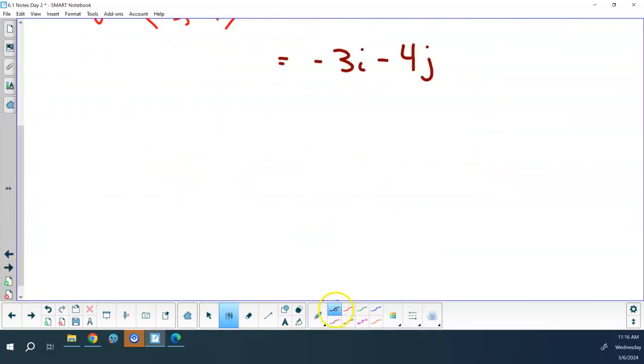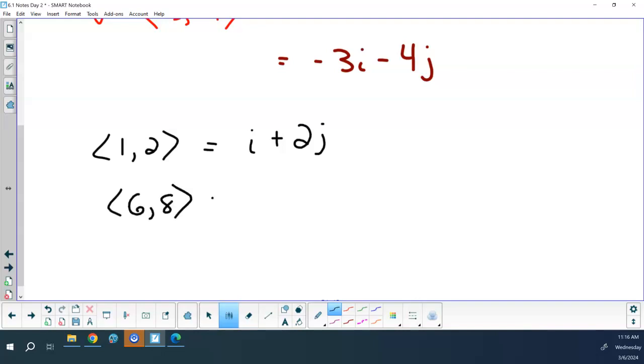So if you have vector 1, 2 in i and j form, that would be i plus 2j, because the 1 is just 1, and then 2 times j is just 2j. Somebody else give me another vector. 6, 8. It's just another way of writing it. So it would just be 6i plus 8j.